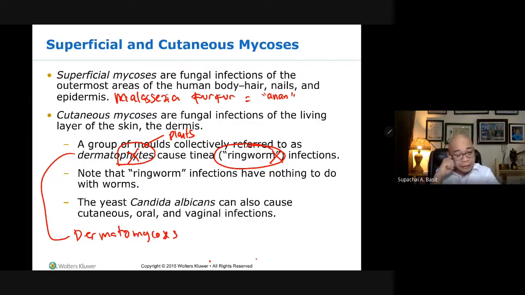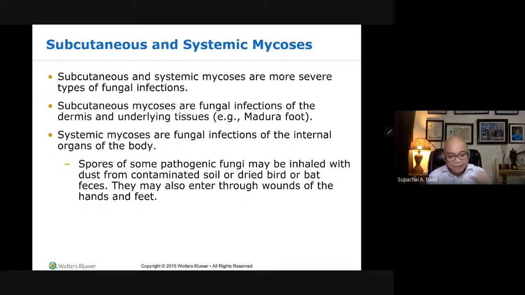dermatomycosis. Okay? So it says here, note that ringworm infections have nothing to do with worms because they are not caused by worms. So the yeast Candida albicans can also cause cutaneous, oral, and vaginal infections. Okay? So subcutaneous mycosis and systemic mycosis are the most severe types of fungal infections.